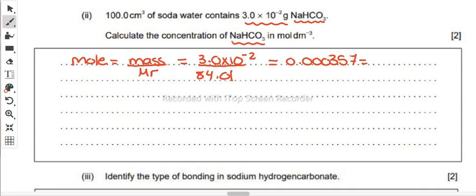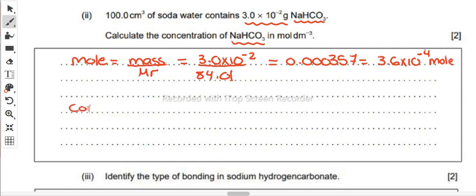So your final answer should be 2 significant figures. So I'm going to write it as 3.6 times 10 to the power of -4 mole number. I already rewrote it in scientific notation.